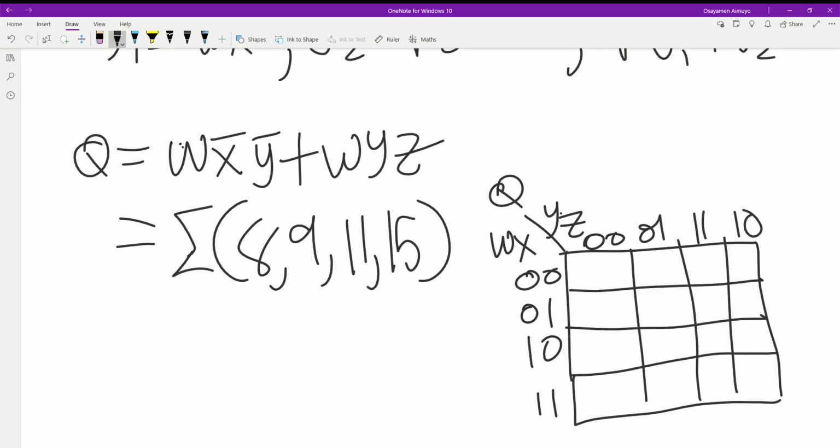Shame on me. I made it on both ends. Tragic. Okay, w x bar, let's see, the last row. And y bar, so it's these two, so you have 1 1.